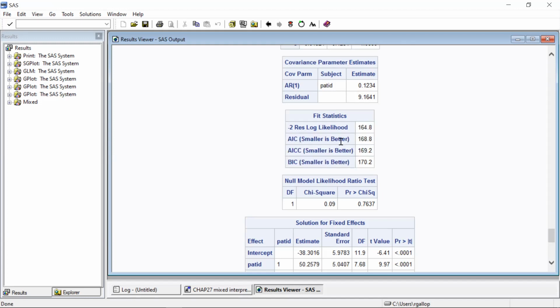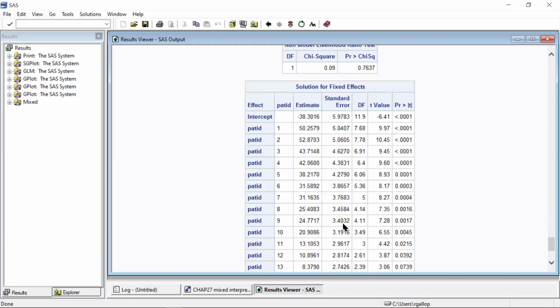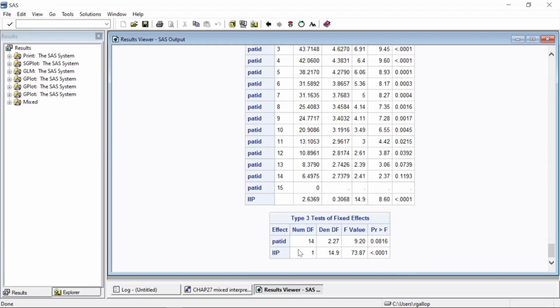What we do here applies to any of them. Right now, we're going to use the -2 restricted log likelihood. For the autoregressive, which uses 2 parameters, this gives us a -2 restricted log likelihood of 164.8.